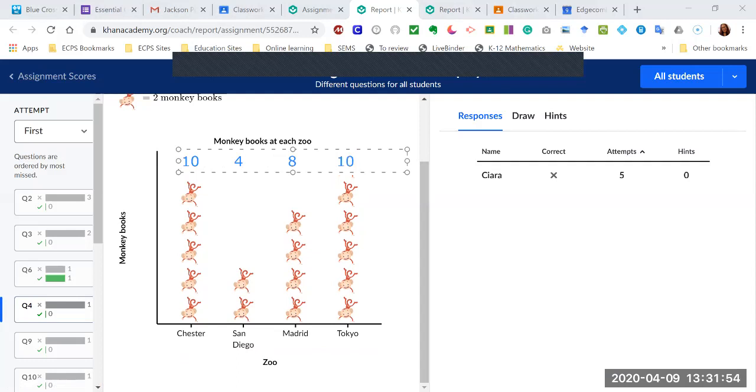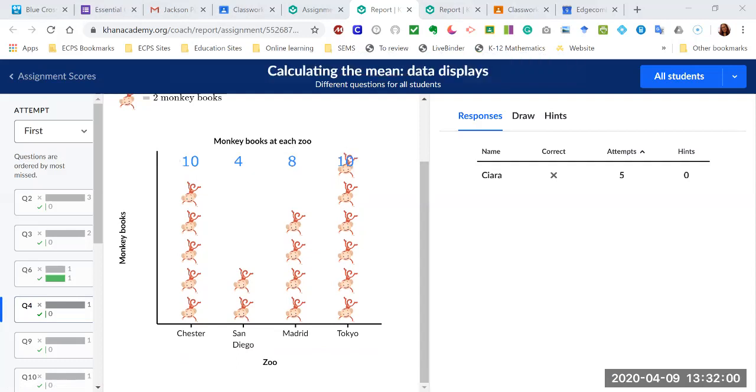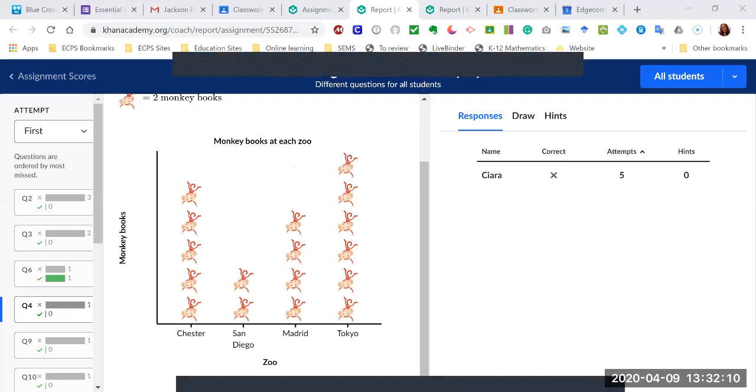All right. So if I'm trying to find the mean number of monkey books at the zoo, I'm going to add up. Oops, I messed up on that one. That's actually not 10. Let's erase that 10. Sorry. The first one has 5 monkeys, so that's 10. 2 times 2 is 4. 2 times 4 is 8.